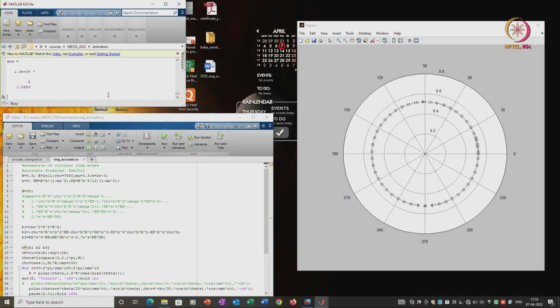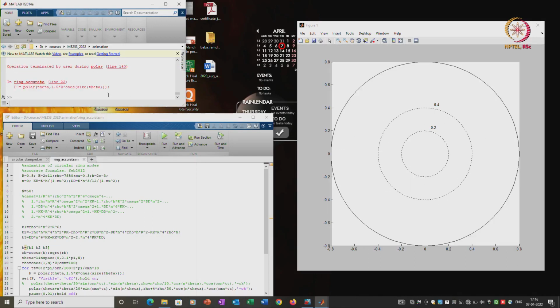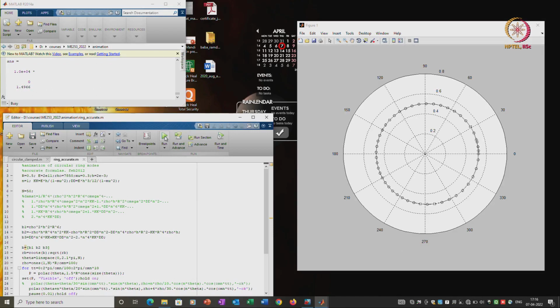Now let us do n equal to 1 over here. You see how it oscillates, omega 1 2.